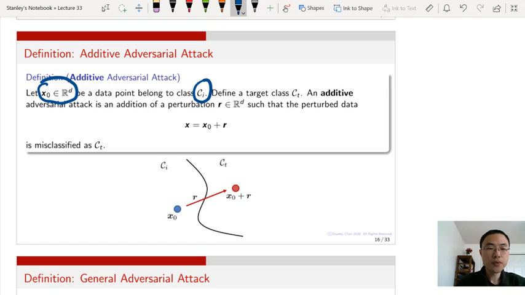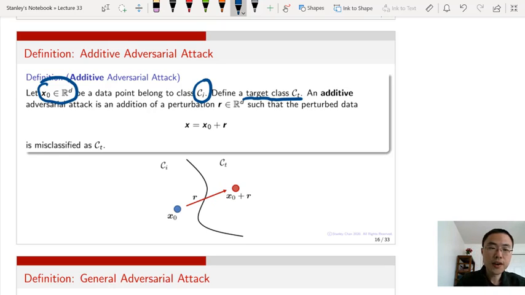Then I want to define a thing called a target class C_t. What do I mean? I want to send the data point x0, which is originally in C_i, to a target class C_t.